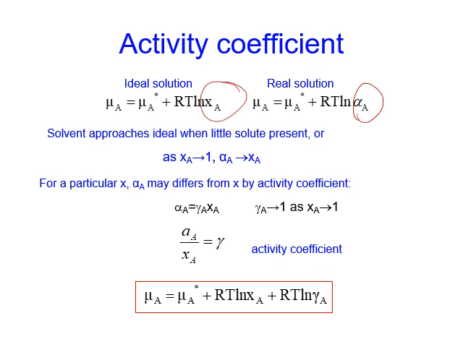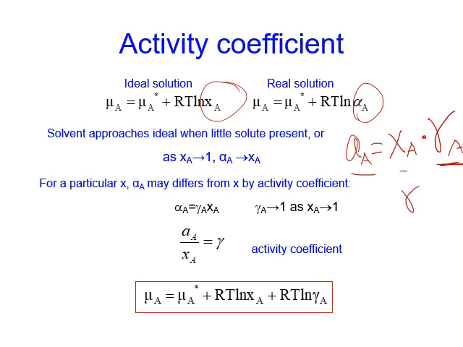And one way to look at the deviation from an ideal solution is to define an activity coefficient, so that the activity equals the mole fraction times this activity coefficient. So when the activity coefficient gamma is 1, that means it is an ideal solution, because activity equals mole fraction.